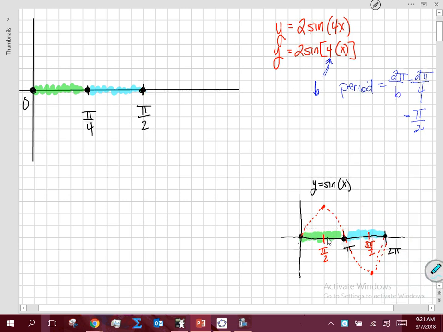Using that correspondence, halfway in between this green interval down here on the parent function, we reached a maximum, right? So halfway in between here, we should reach our maximum. Now, what would halfway in between 0 and pi over 4 be? Yeah, multiply it by half, right? Or divide it by 2. Should be pi over 8.